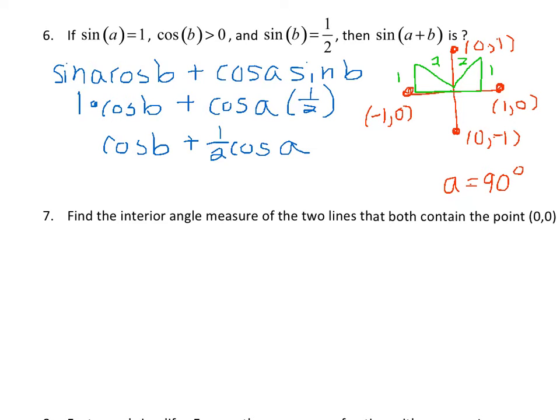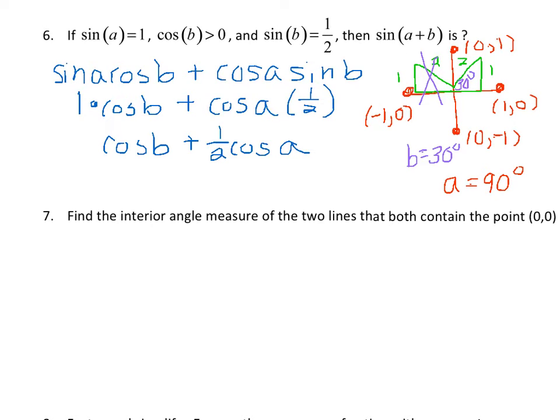However, it also tells us that the cosine of B must be greater than 0. So that eliminates the triangle in the second quadrant because the cosine would be negative. Therefore, angle B must be 30 degrees because 30 degrees is across from 1. So B is 30 degrees.